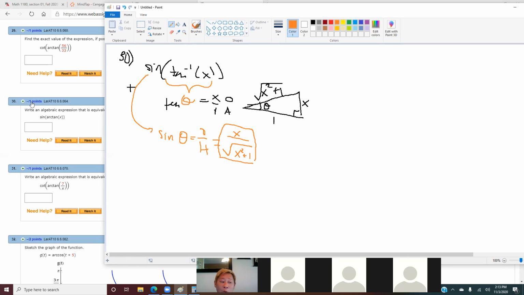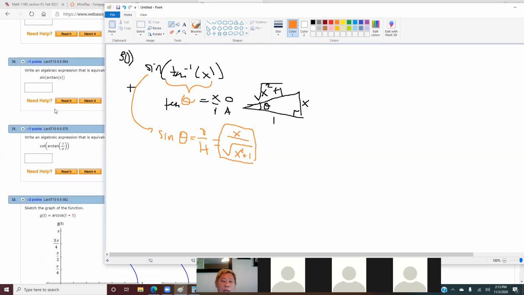Questions 30 and 31 are calculus-type questions. You will see this a lot in Cal 1 when you do differentiation. You guys all right here with this? Okay. So mostly, again, in this chapter 6.6, we still use the right triangle and SOHCAHTOA.